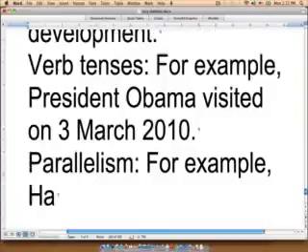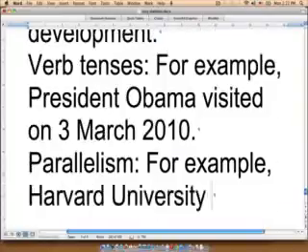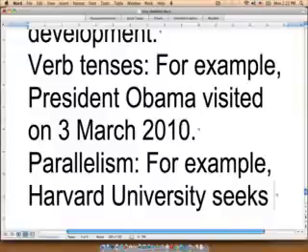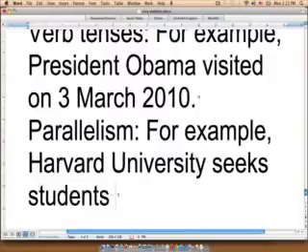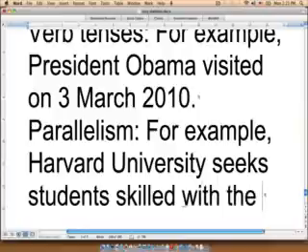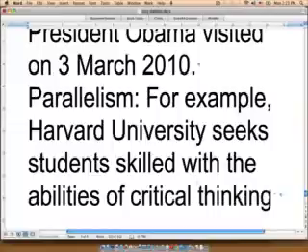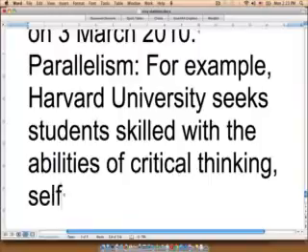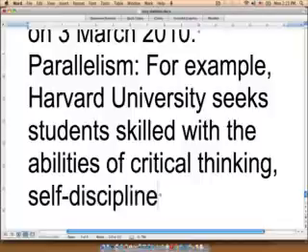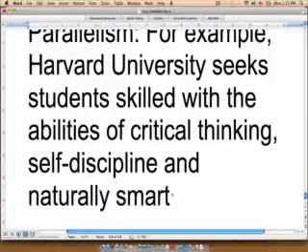If I said, for example, Harvard University seeks students skilled with the abilities of critical thinking, self-discipline, and naturally smart. Okay, take a look at that sentence and see if you can figure out what the error would be.